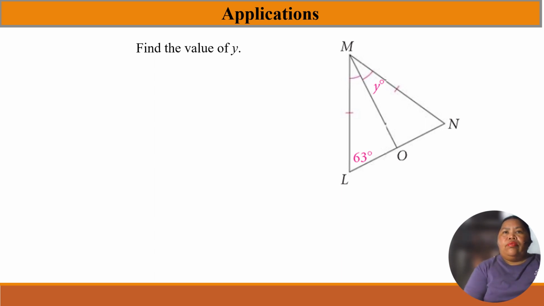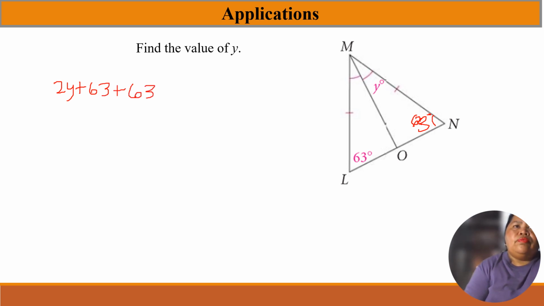Since we have two angles, this is also 63 degrees, because corresponding angles are congruent, as we previously discussed about equilateral and isosceles triangles. So we have 2y plus 63.